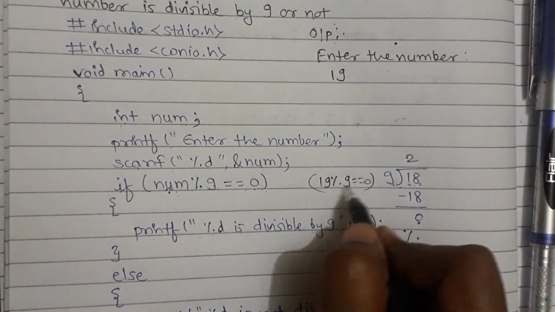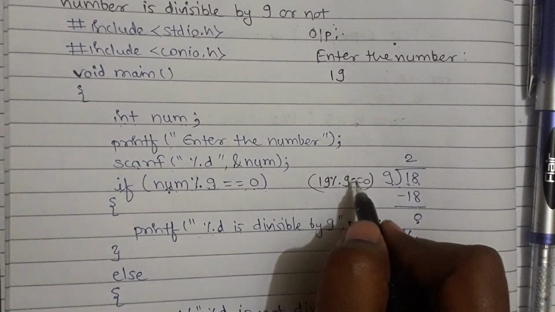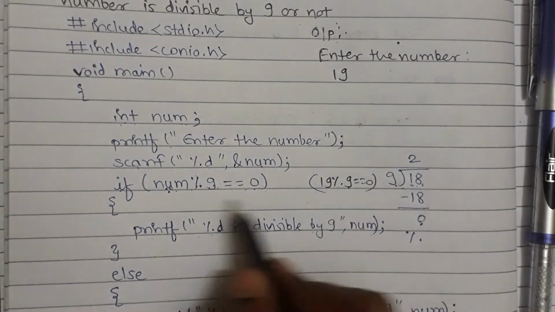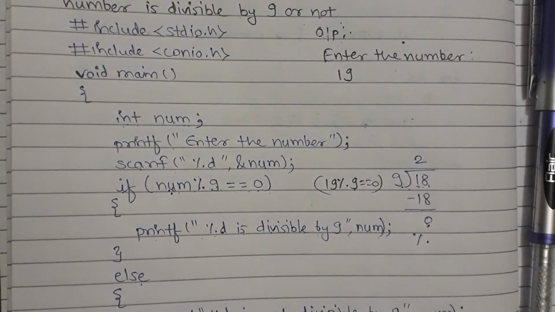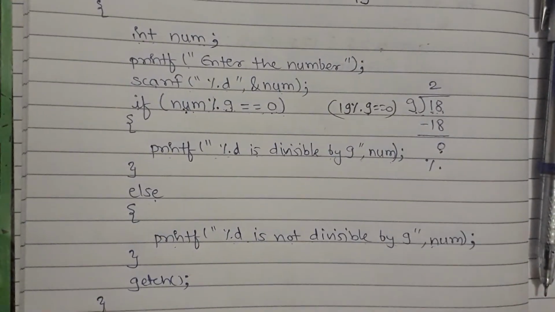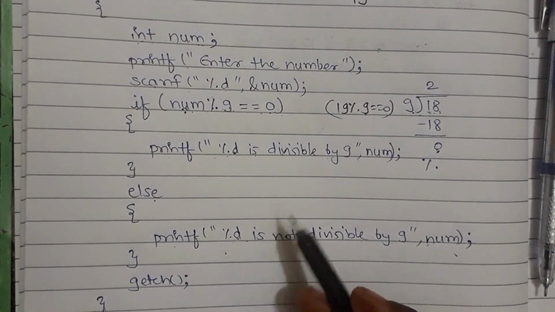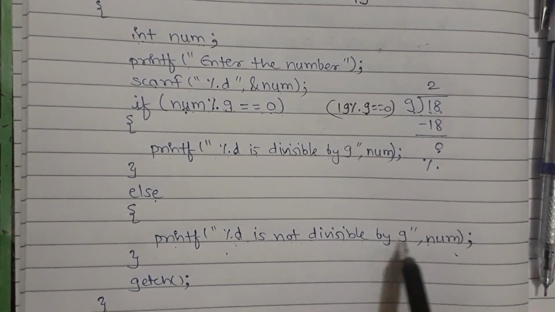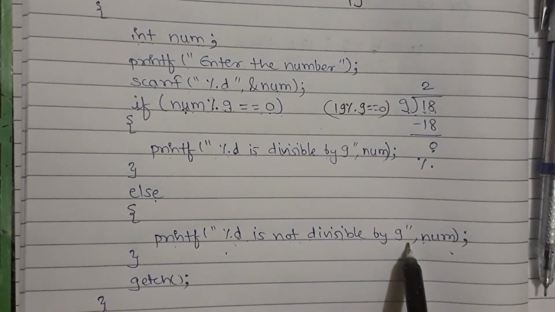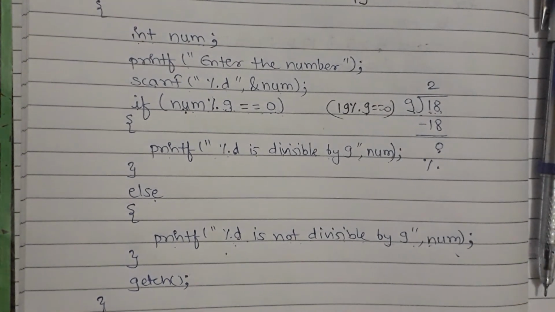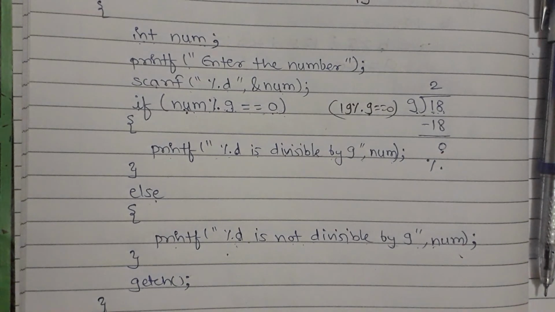This condition is false because its remainder is not 0. So it comes to the else part, and within this else part it will print that the value of num is 19, so 19 is not divisible by 9. So in this way we can execute this program. Thank you.